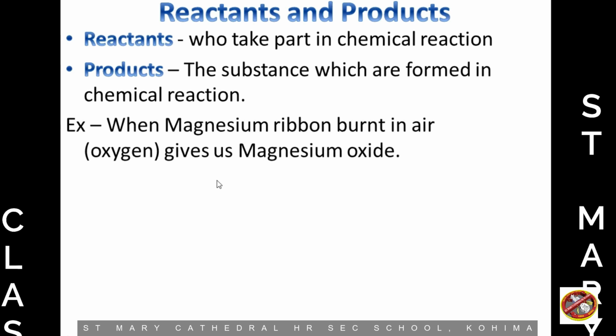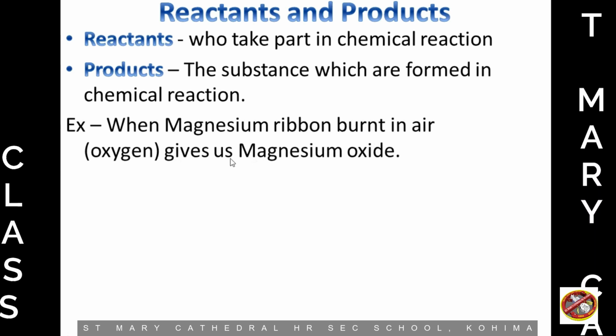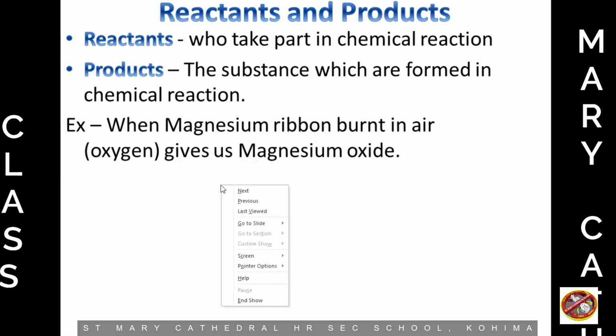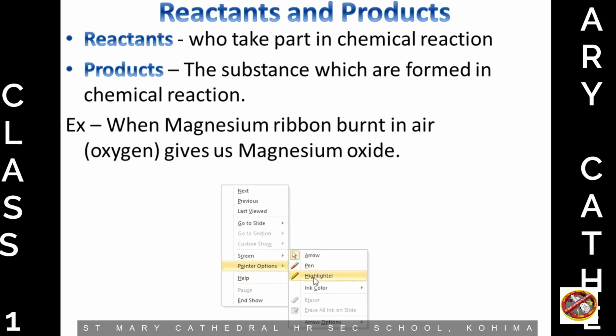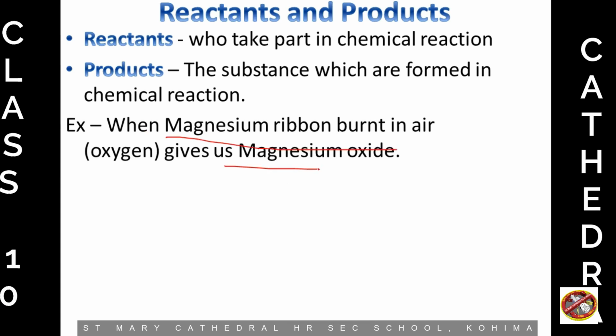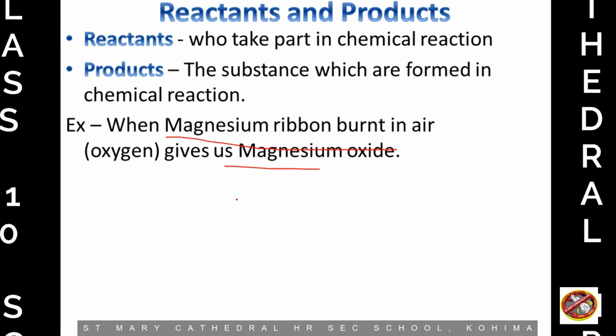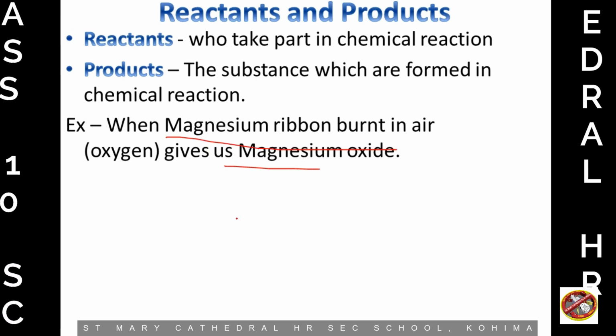Now here is another example. When magnesium ribbon is burned in air, it gives us magnesium oxide. When you get this kind of sentence and substances, magnesium, what is the chemical formula?